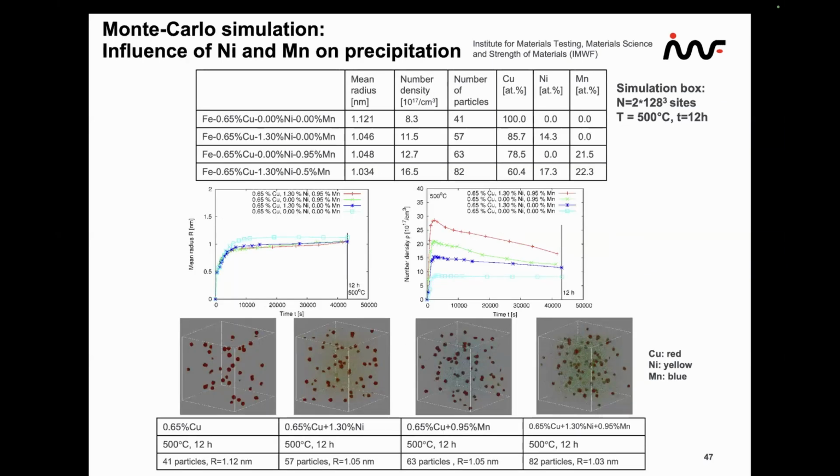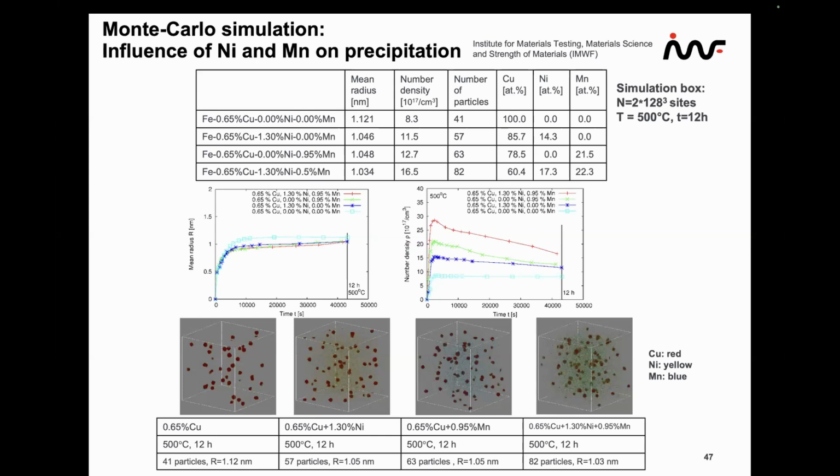Now, when we produced model alloys of iron, copper, and nickel of different compositions, as are depicted here, we can simulate their precipitation situations and the dissolved atoms in it for certain temperatures, and for these compositions, the number of the particles in the simulation box and the size of these precipitates, which change from situation to situation.